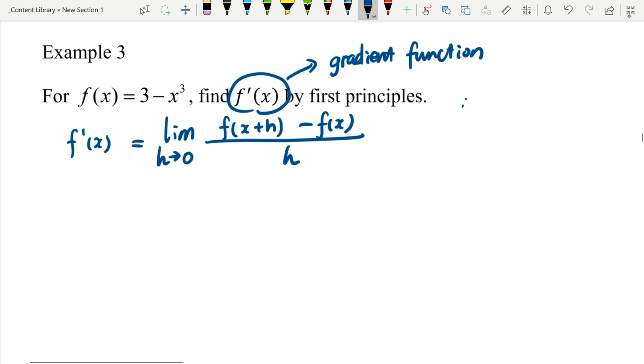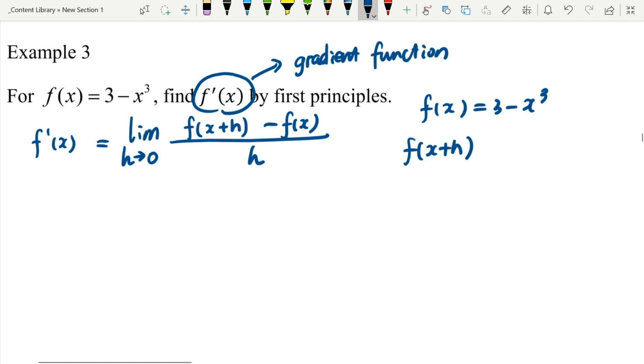What is f(x)? Your f(x) is 3 minus x cubed. Type that in. But what is your f(x plus h)? Anyone tell me? Correct.